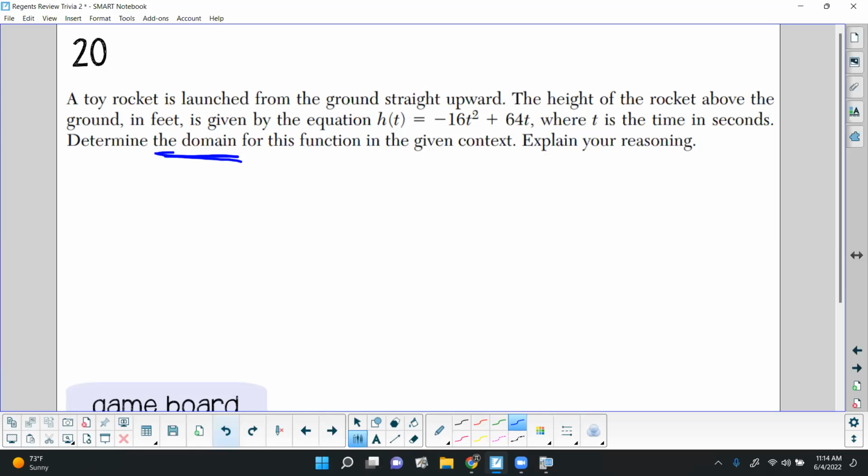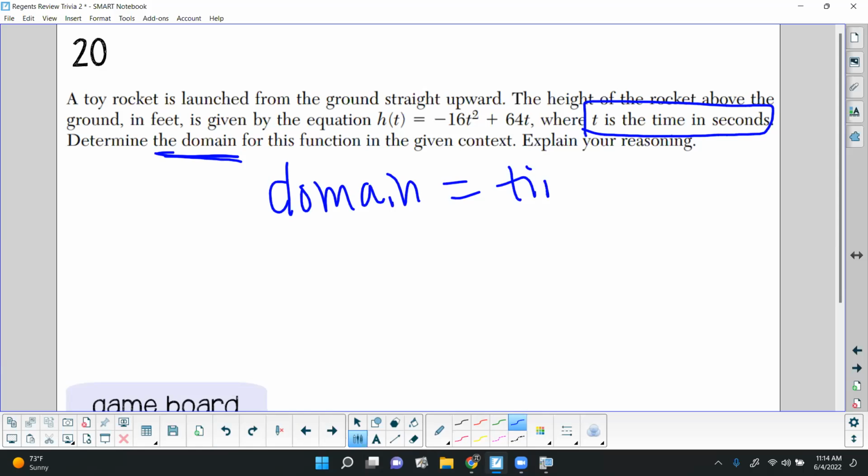So the question is, if t is time in seconds, then the domain is talking about time. So I want you to start thinking about what types of numbers we use when we're talking about time, right? Your answers for this question have to be some group of numbers. So there are all real numbers, right? There are rational numbers.